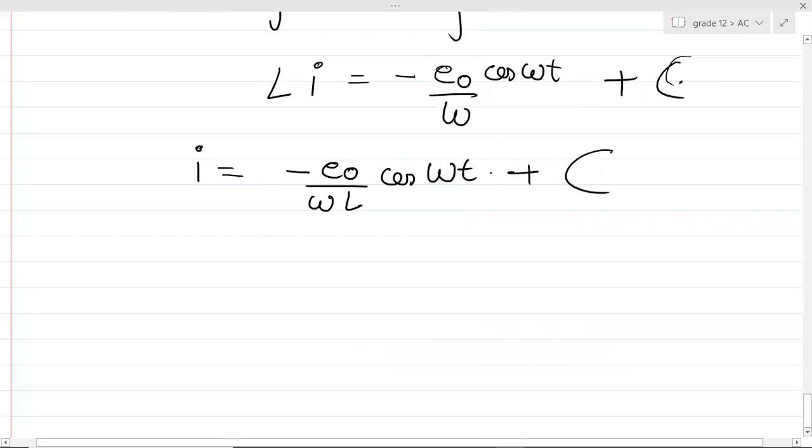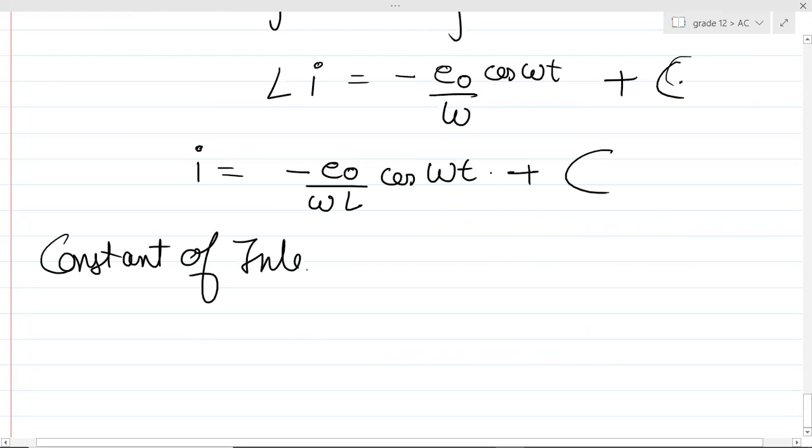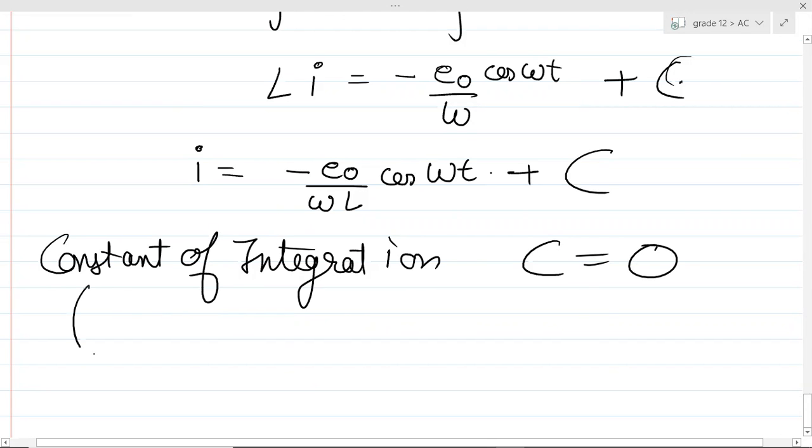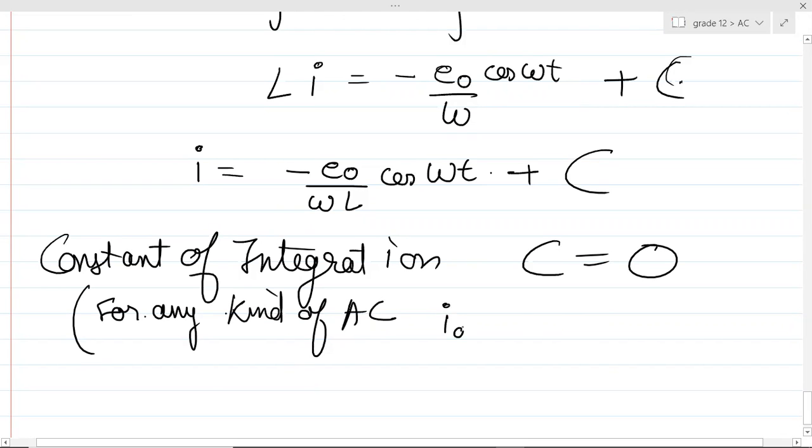Now see very carefully what exactly I am telling you. This constant of integration, this C, is basically equal to 0. You can write the reason, and I'll give you the proof as well. For any kind of alternating current, the value of I average over one cycle is equal to 0.